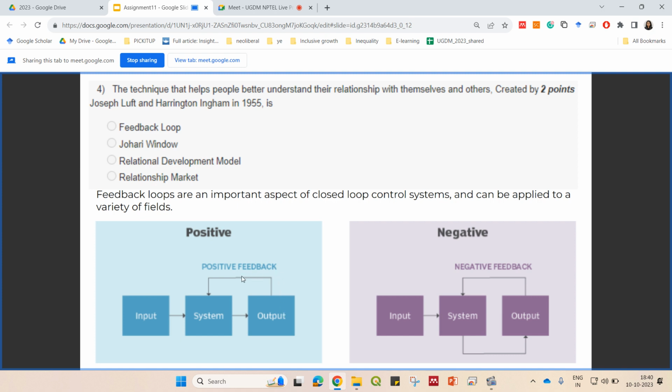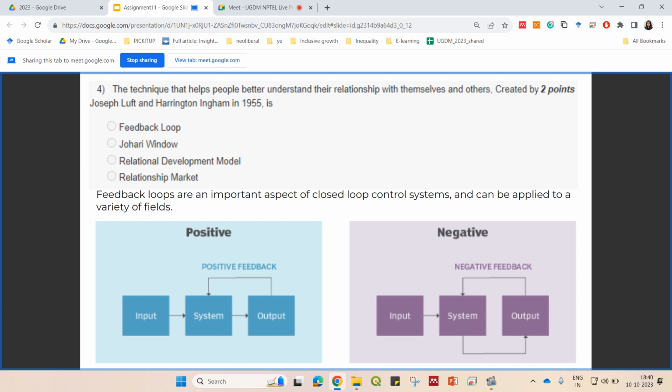That feedback is sent back to the system, which is then manipulated to suit the need for a better output, and the system then further continues. This is what a feedback loop is, loop because it's looping back into the system.